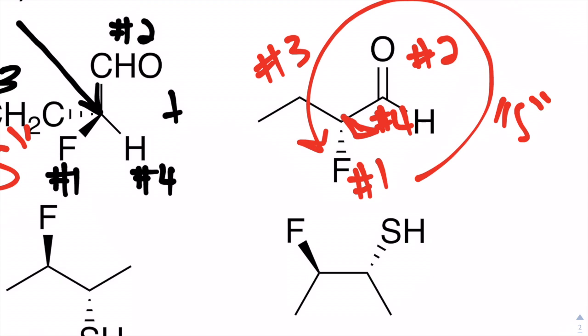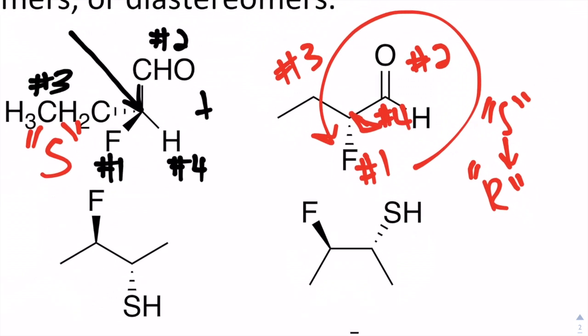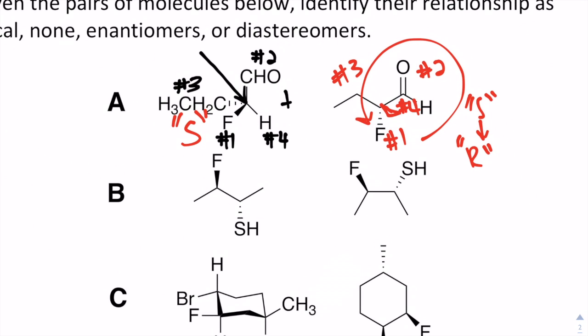No, it's not. It's on a wedge, coming towards us. So you can either look at it from the back face, or you can just remember that S goes to R if your fourth priority is not in plane. Okay, so what does that mean? Well, we had one chiral center here, and it completely inverted from S to R, so that was the definition of an enantiomer. So these are enantiomers.